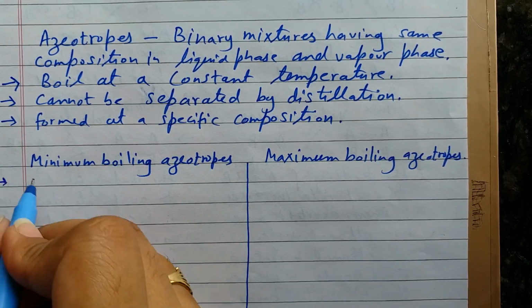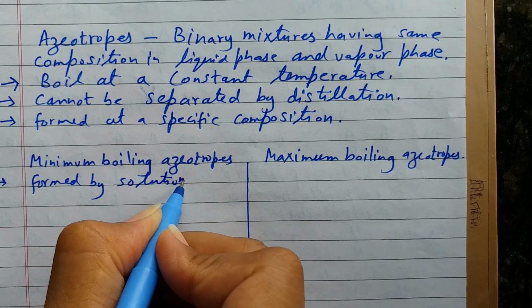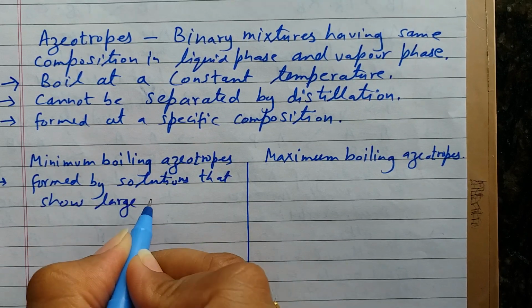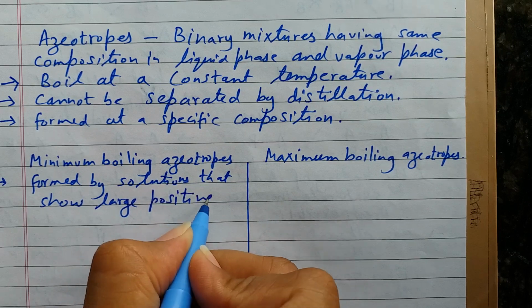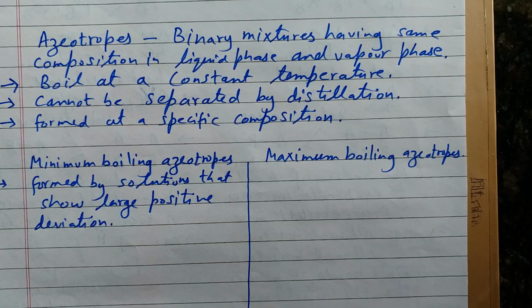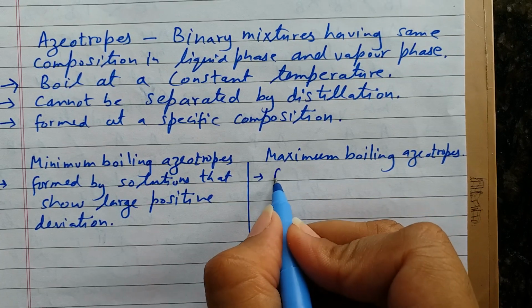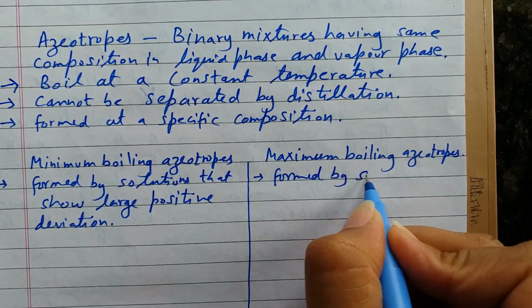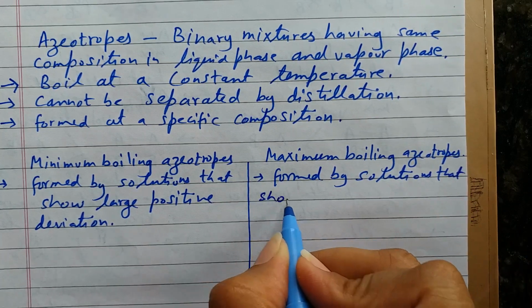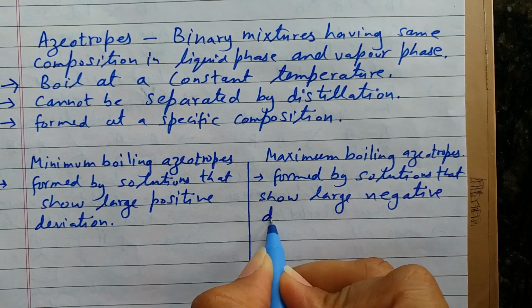The minimum boiling azeotropes are formed by solutions that show large positive deviation from the Raoult's law. On the other hand, maximum boiling azeotropes are formed by solutions that show a large negative deviation from the Raoult's law.